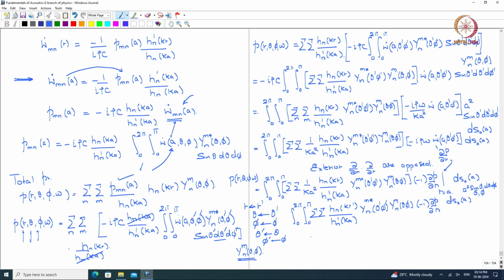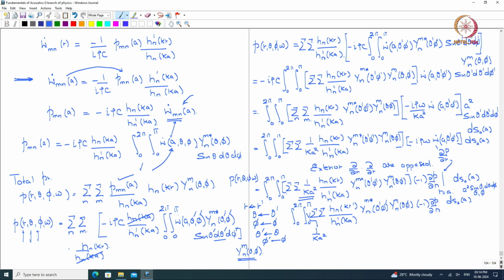So that now what do I get? This thing looks, okay, there is a k square missing. So let me put it here, 1 by k square. Okay.